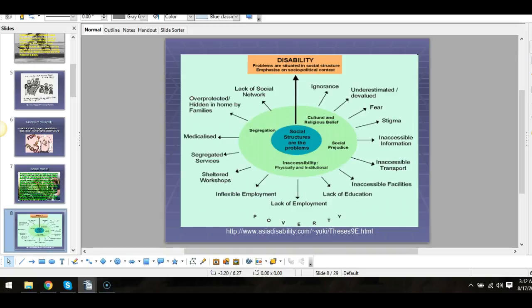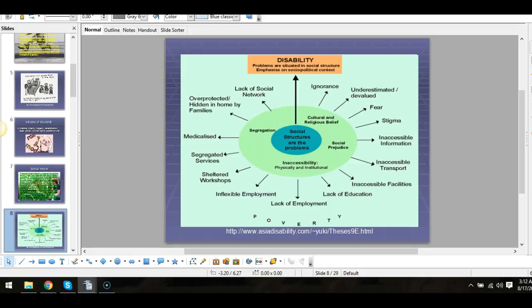In the middle there are two circles. In the central circle it says social structures are the problems. In the circle around it, it lists different implications of the social structures, such as segregation, cultural and religious beliefs, social prejudice, and inaccessibility, that can be physical and institutional. And around the circle there are plenty of arrows that point to other disability implications of these social structures and the social model.